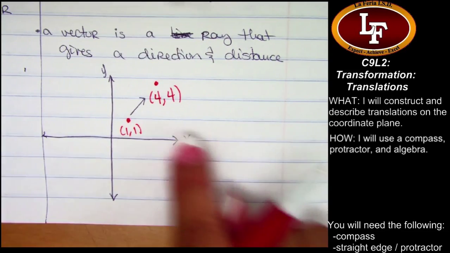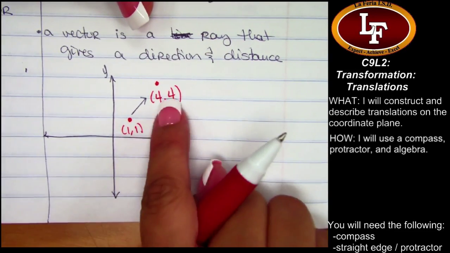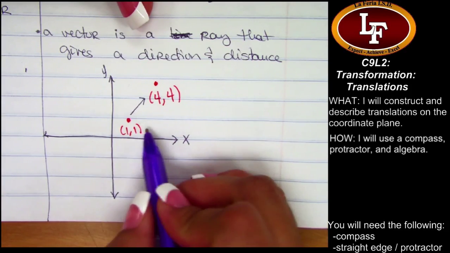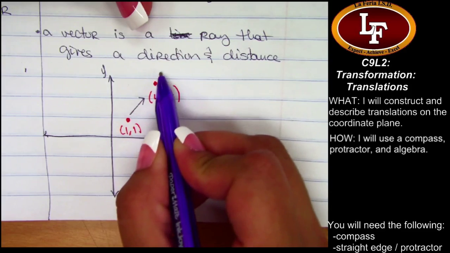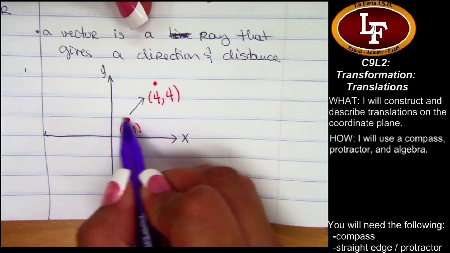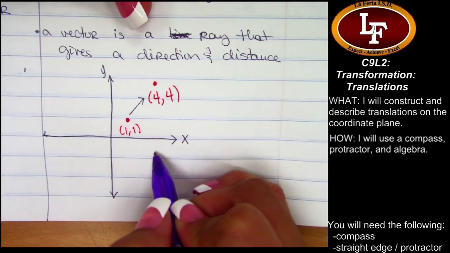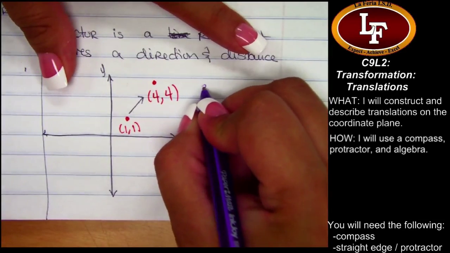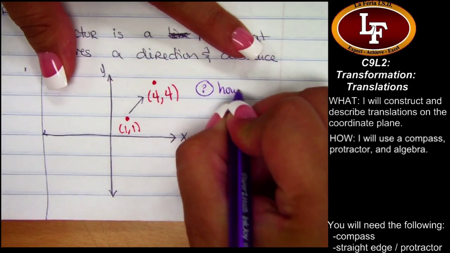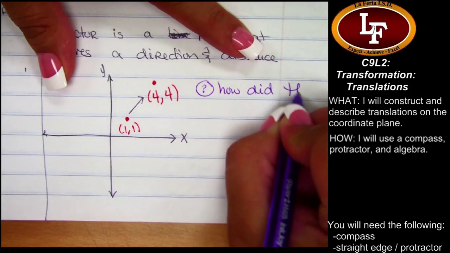Okay, so it moved in this direction, but on this grid, we can't describe a diagonal motion. We can only describe left or right motions and up and down motions. And so we need to think about, how did the coordinates change?